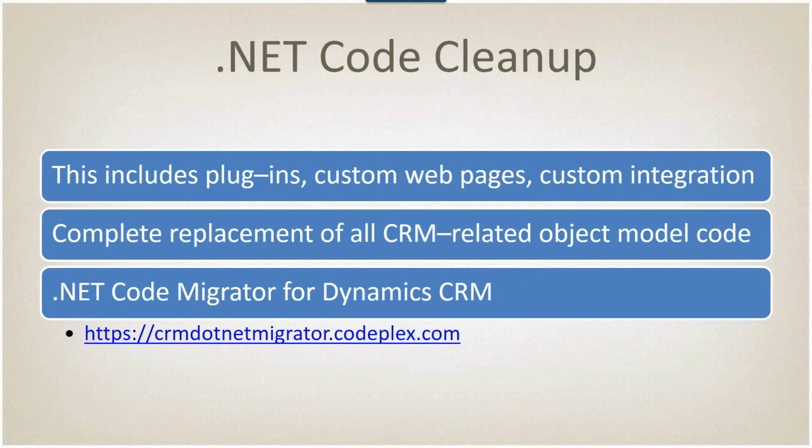But you've got a lot of code, depending on the level of customization of your system. You might have plugins, you have custom integration with other systems, you may have custom ASP.NET pages. Back in the day, we did a lot of that. So a lot of this stuff has to be upgraded strictly because the object model is 100% different.